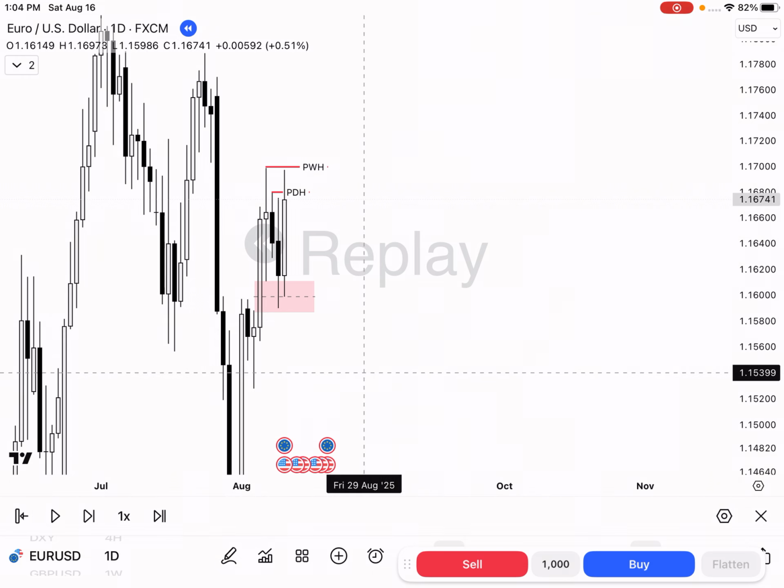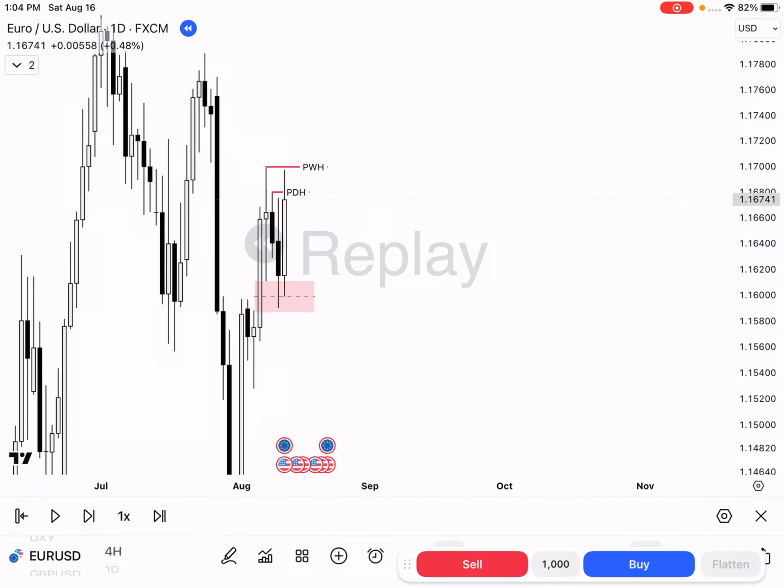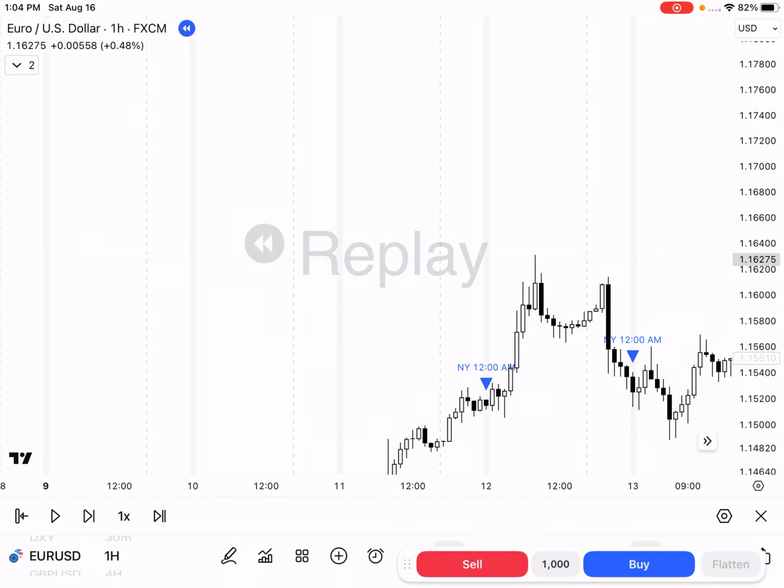Since Tuesday was CPI day, we have to wait for the news to release. So where we can plan our trade, go to the 1 hour time frame.